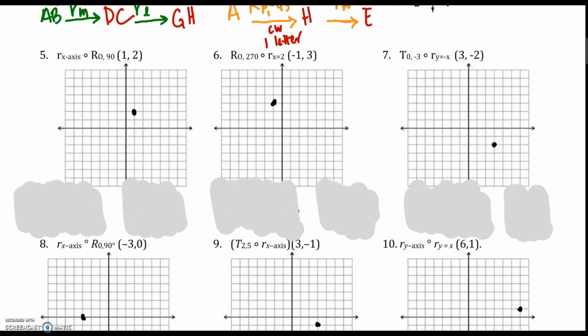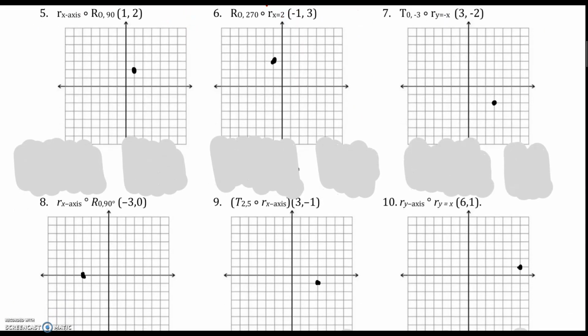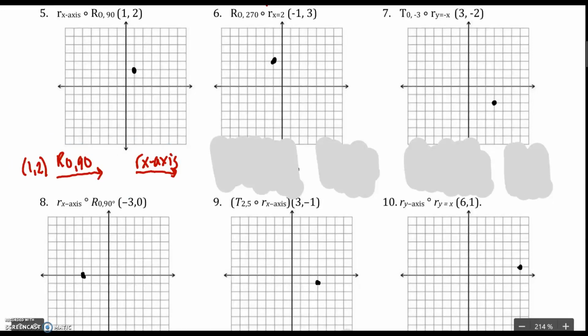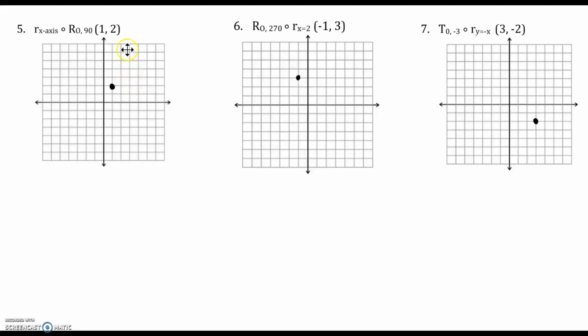So for the next ones, we are on the graphs, so you could use a shortcut or you could actually use the graphs. It's up to you how you remember it. So for number 5, we've got the point 1, 2. The first thing we're going to do is rotate it around the origin 90 degrees, and then we'll take that and reflect it over the x-axis. So if you remember the shortcut rule, you can use it. If not, you can turn your paper.